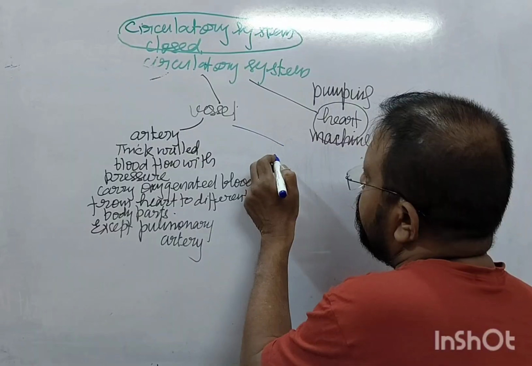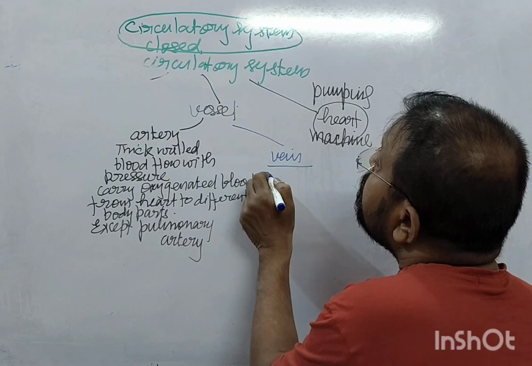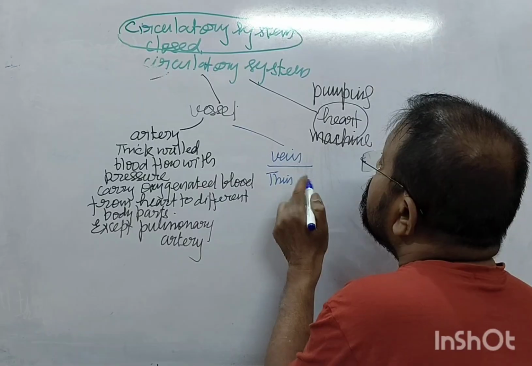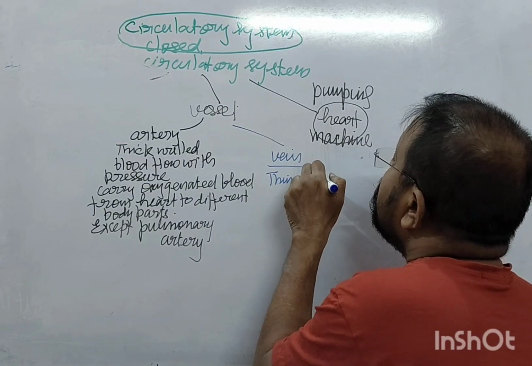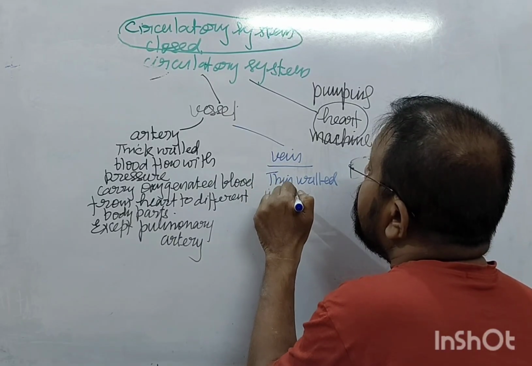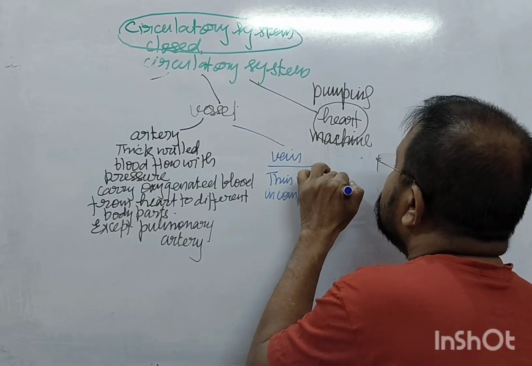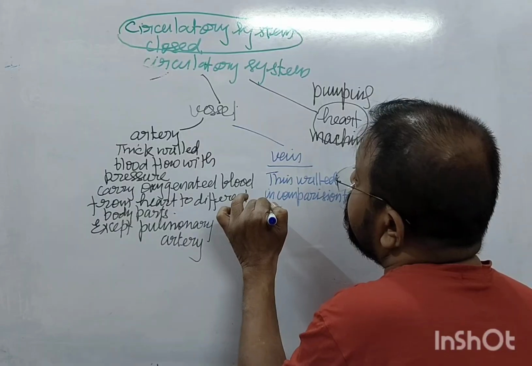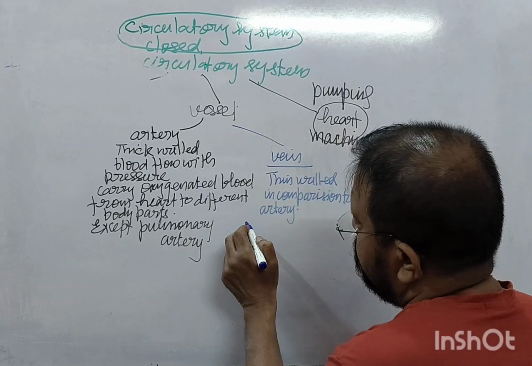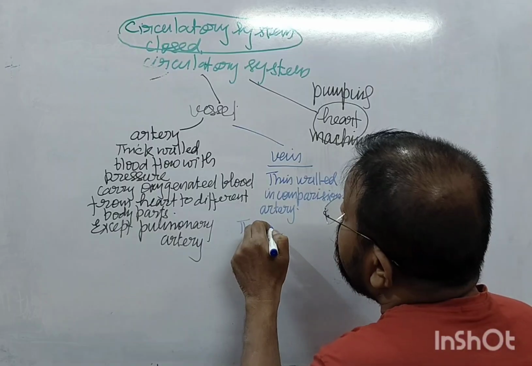Next one is vein. Veins are thin walled in comparison to artery.